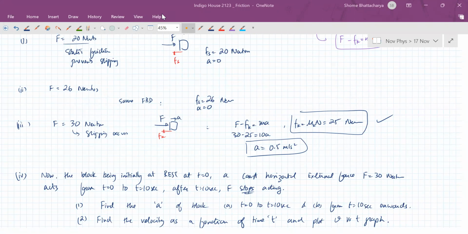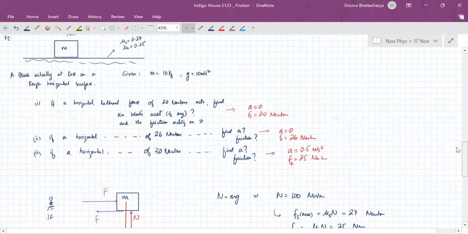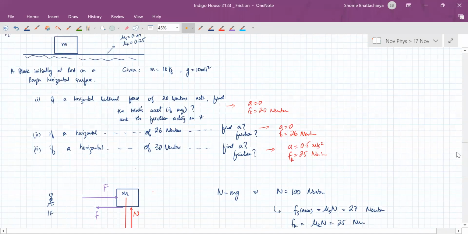Sir, can you scroll up? Yeah, I can scroll up, but the first solution part is the starting of the solution. Yes. The starting of the solution. Okay.